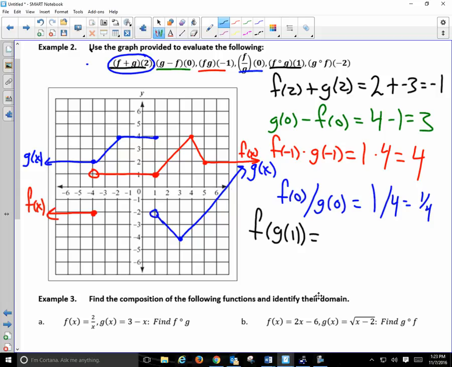So we end up plugging things in twice. So g of 1, 4. So this becomes f of 4 because g of 1 is 4. F of 4 is 4. You try the last one on your own.